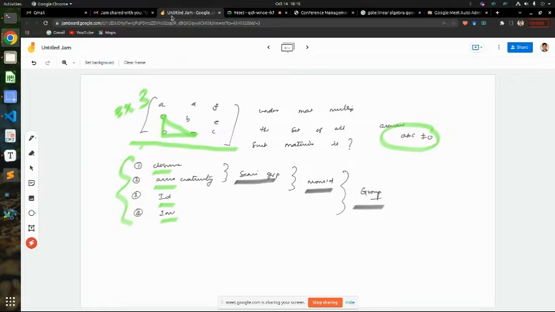Now, for every group we need to specify an operation. And in this question, the operation that we are going to use is matrix multiplication. Let me go to the next slide.